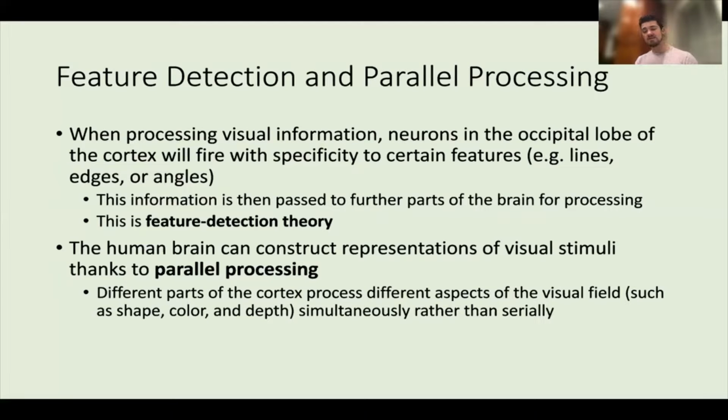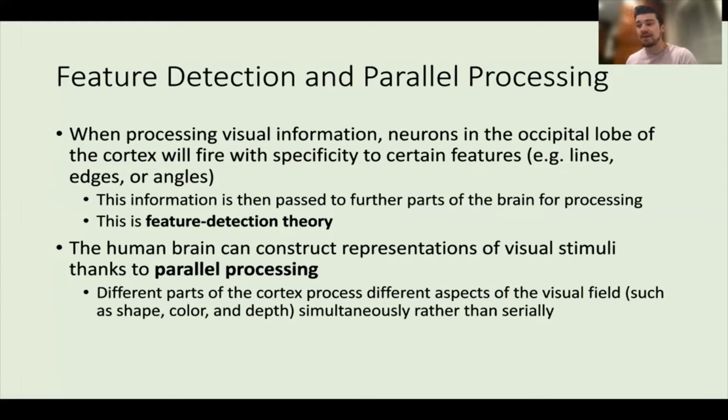So parallel processing and feature detection theory, you'll usually hear hand in hand. And it basically just says that different parts of the cortex process different aspects of the visual field simultaneously rather than serially. So we know from feature detection theory that different parts of our brain can process different aspects of a certain visual field.